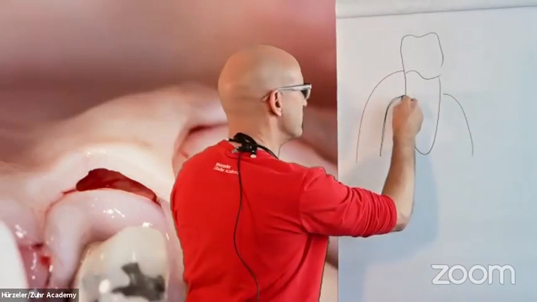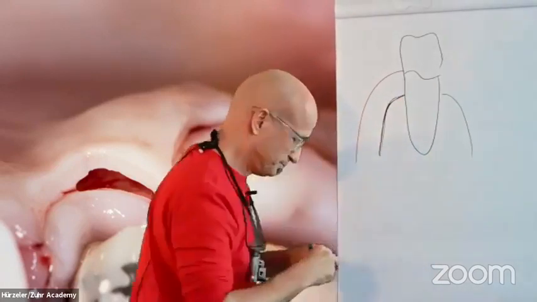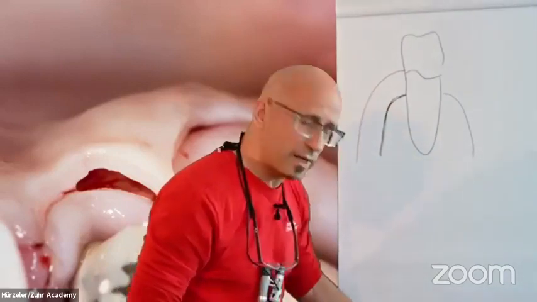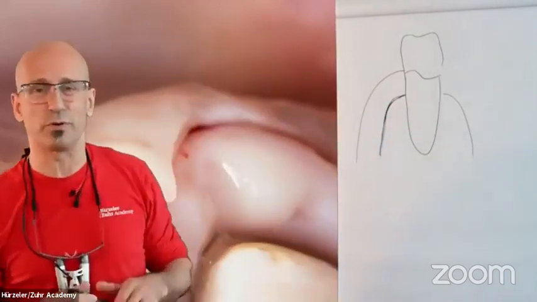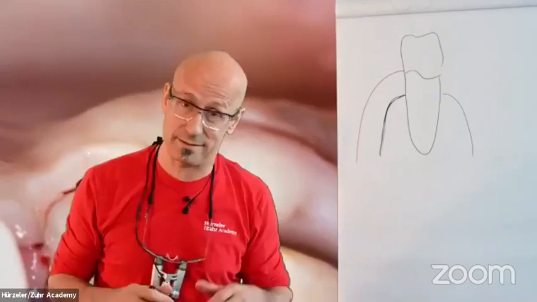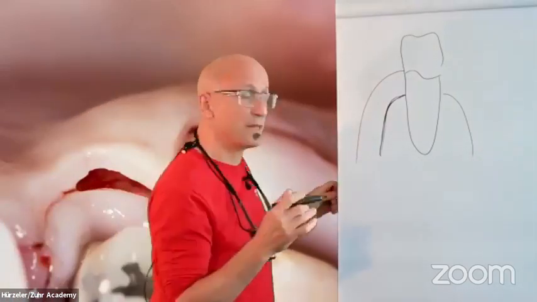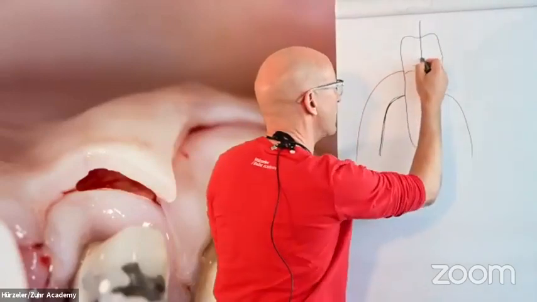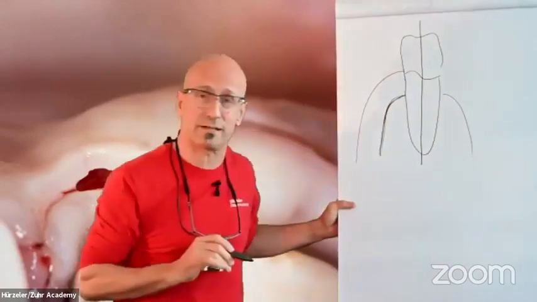The green part is the periosteum on the bone. When you look in many books, you may have heard or read that the split thickness flap design is done parallel to the tooth axis.